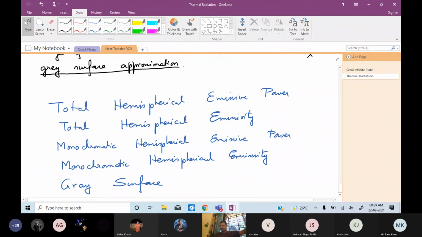So now these are the 5 definitions. Total hemispherical emissive power, these terms are too long, right? So what people have done is many times, or most of the time, dropped these terms.